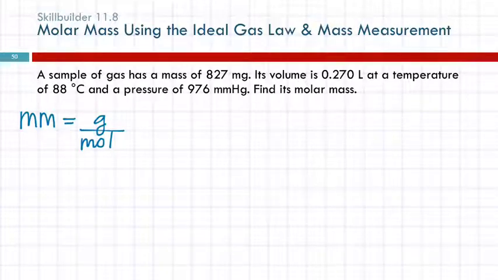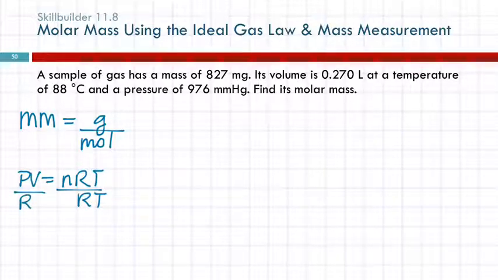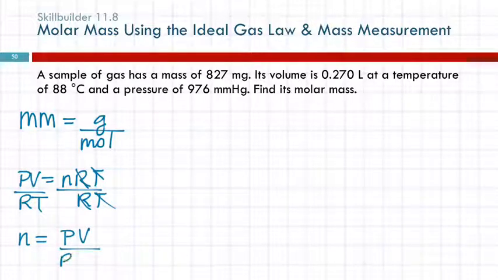We can use the ideal gas law to calculate the number of moles. PV equals nRT. This time we're trying to find N, so we divide by RT on both sides. N equals the pressure times the volume divided by the ideal gas constant times the temperature.